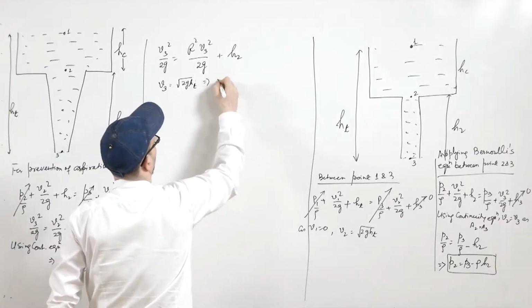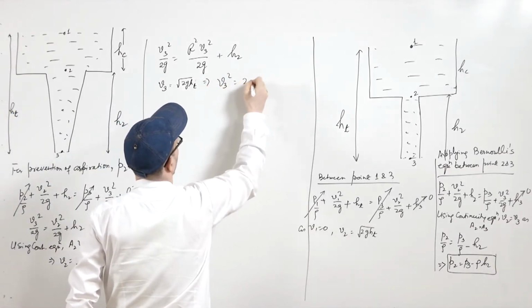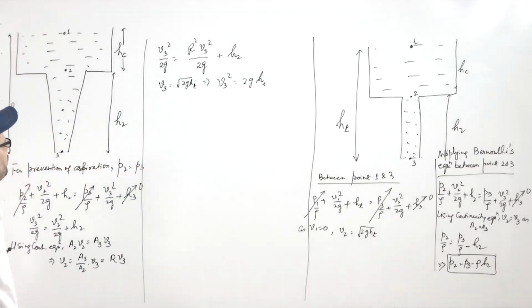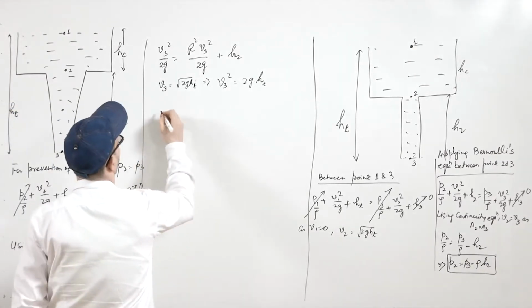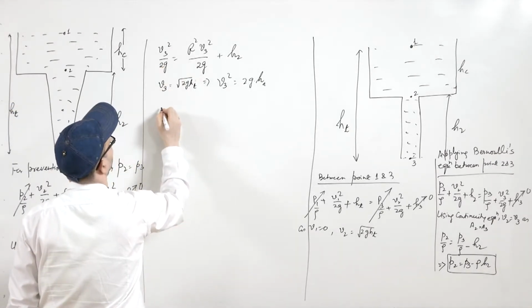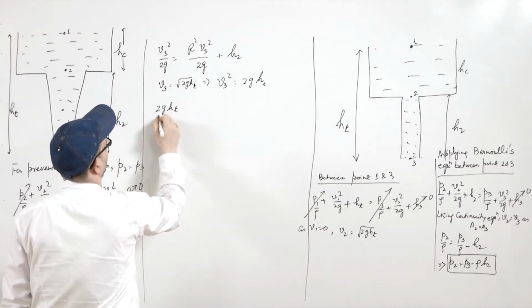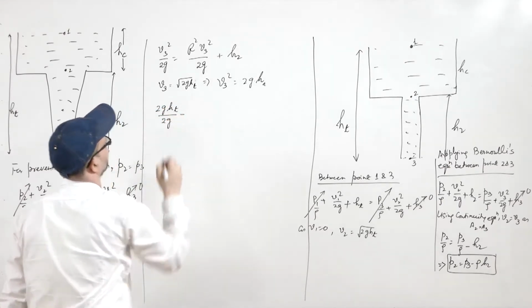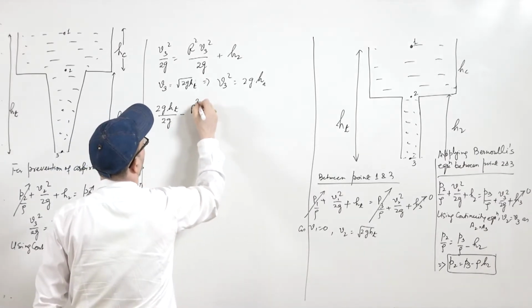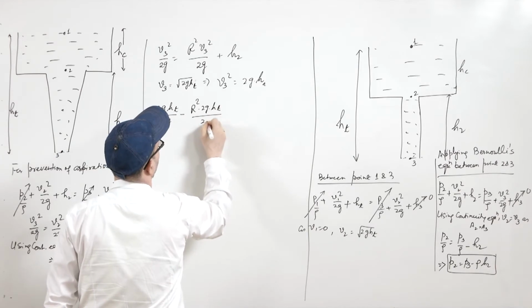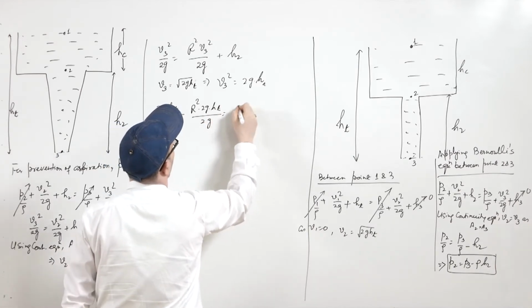So, V3 square will be 2g Ht. Now, what we see from here is that V3 square is 2g Ht. So, 2g Ht by 2g minus R square into 2g Ht upon 2g will be equal to H2.